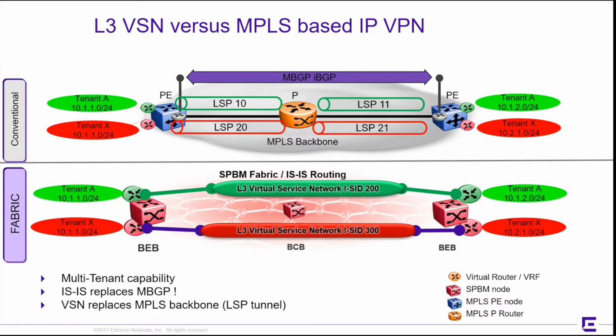Looking at this slide, up top you're seeing conventional networking. We're going to compare Fabric Connect layer 3 virtual service networks to MPLS based upon IP VPNs. You'll notice some complexity here, but you have tenant A on the left and tenant X. Tenant A would be green MPLS, and tenant X would be red MPLS-based IP VPN.